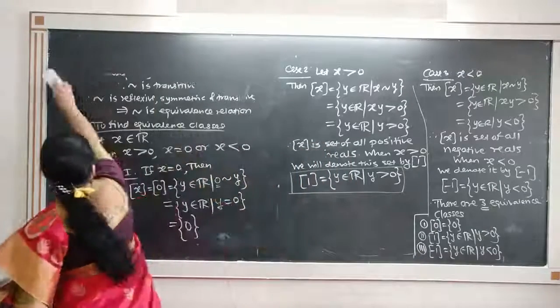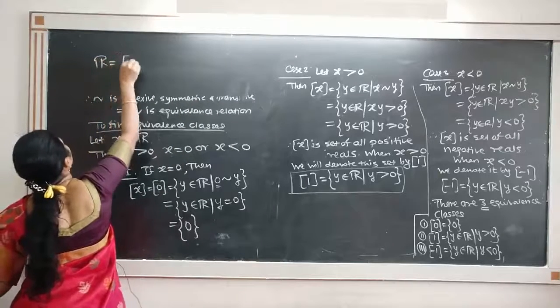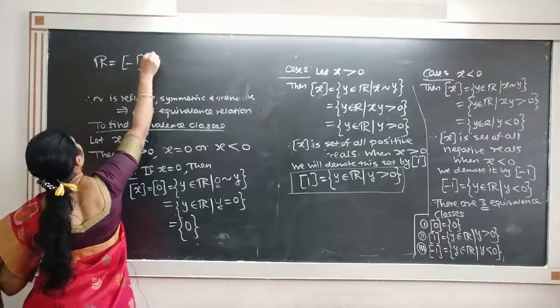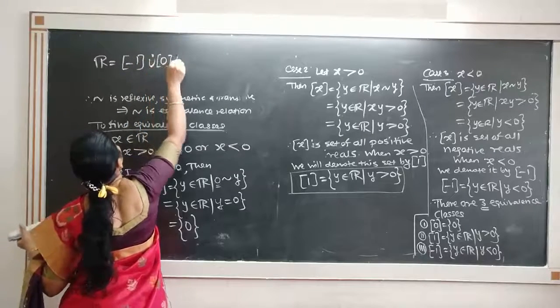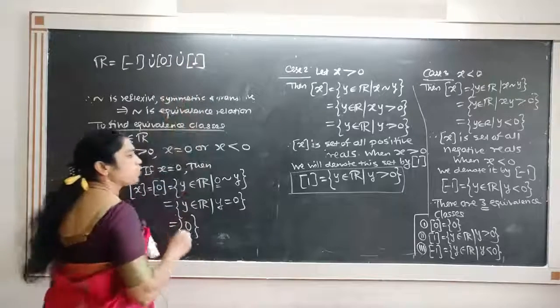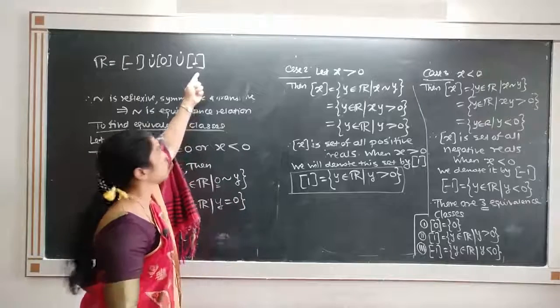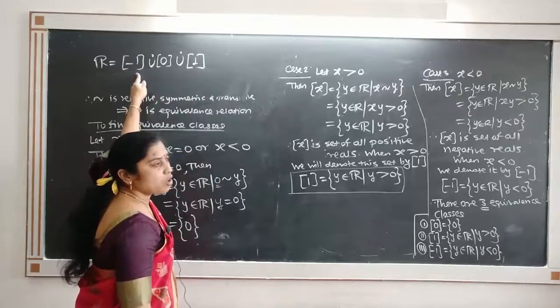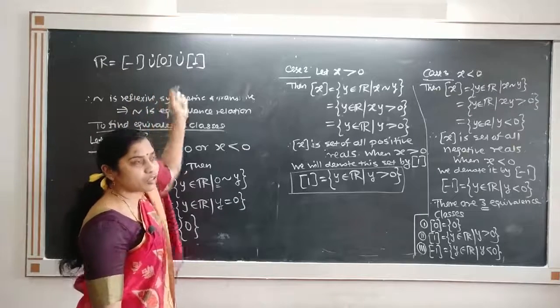So observe that R, the total real numbers, is nothing but the disjoint union of equivalence class of -1, equivalence class of 0, and equivalence class of 1. Those elements which are in equivalence class of 1 are all positive reals. In equivalence class of -1, all negative reals, and equivalence class of 0 consists of only 0.